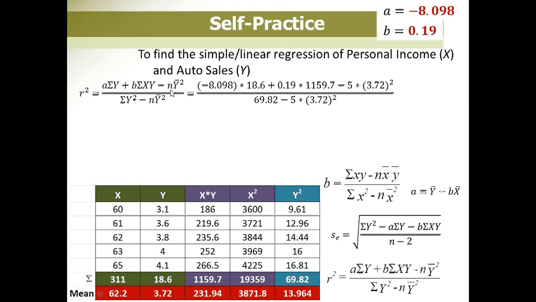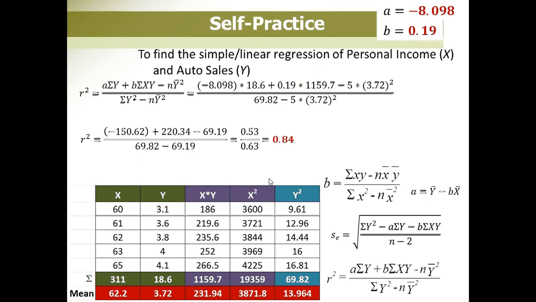We have 5 numbers. Y bar is 3.72 and square it. Now, sigma y squared is the sum of y squared, so 69.82, minus n, 5, times y bar, 3.72, and square it.